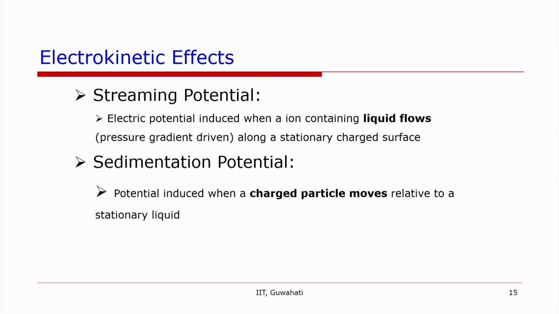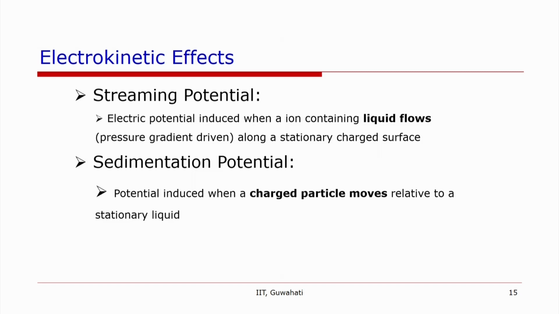The electric potential which is induced when a liquid which has ions moves over a surface which is charged is called streaming potential. Because of the stream of the fluid which contains ions moving over a charged surface, the potential induced is called streaming potential.